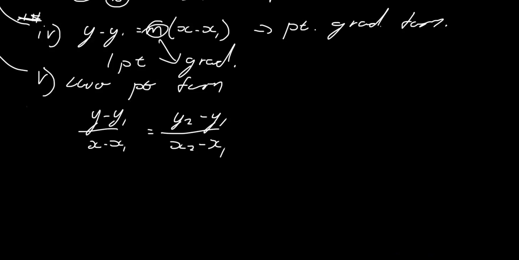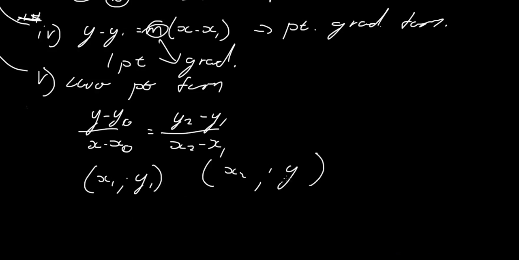Okay, the important thing about this form is that for the 2 points you're given, remember that the subscript 1 and subscript 2 must belong to the same ordered pair. So if you've got 2 ordered pairs, you can have x1, y1, x2, y2, but never mix your points.